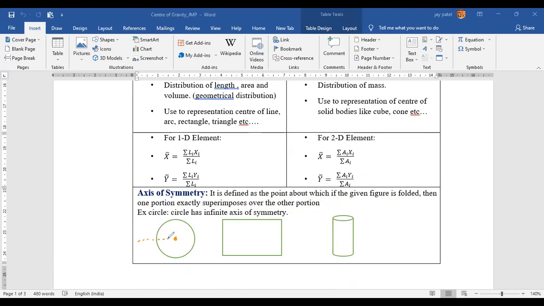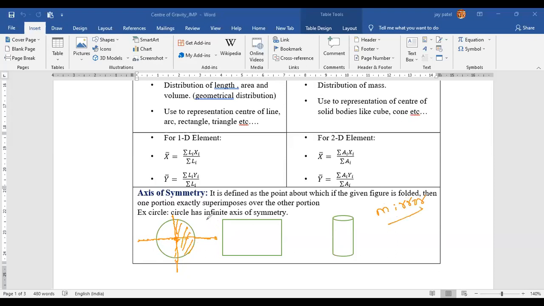Say this is your reference x-axis, this is your reference y-axis. If I fold this body either about this axis or this axis, can I say that we get an entirely mirror image? Yes or no?